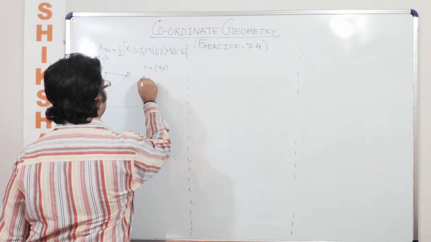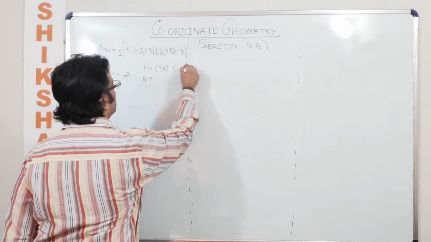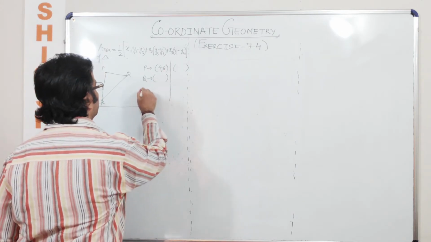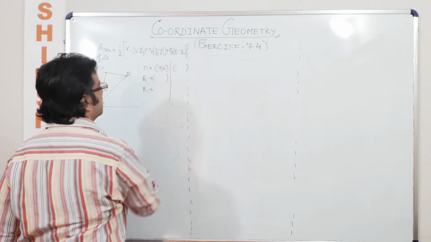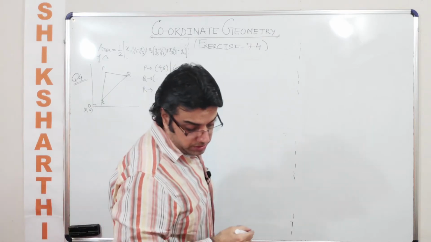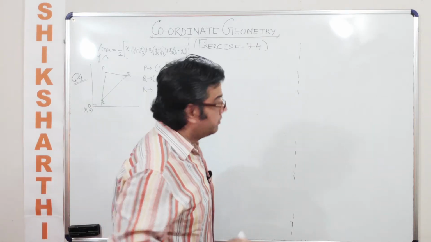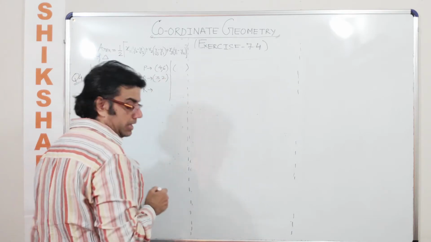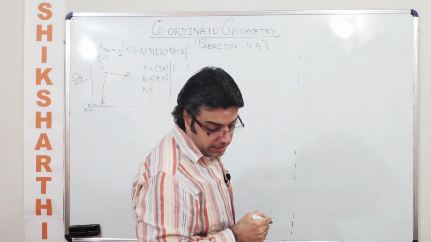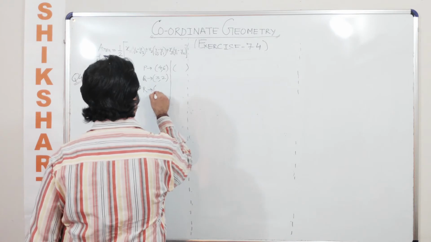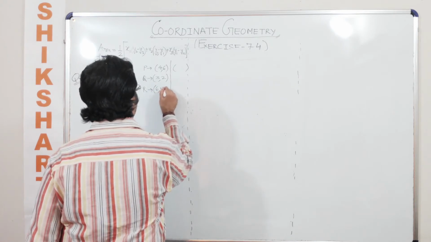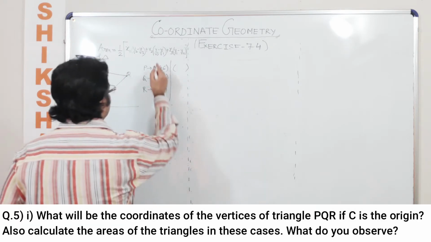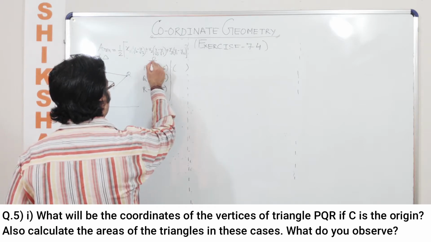Now Q is 3, 2, and R is given to you as 6, 5. Now this is when the origin was O.